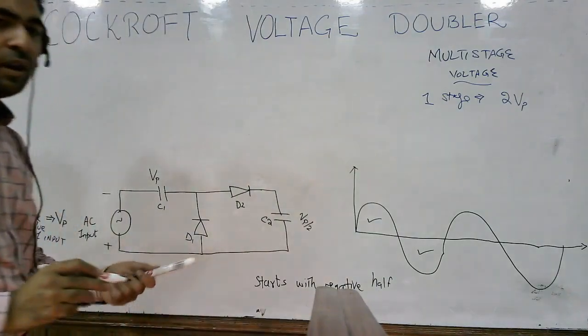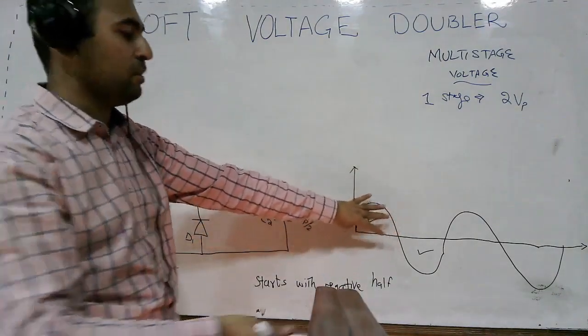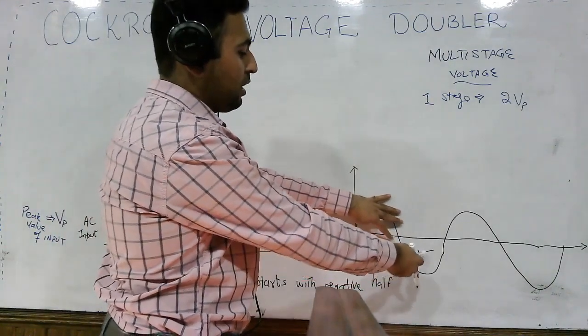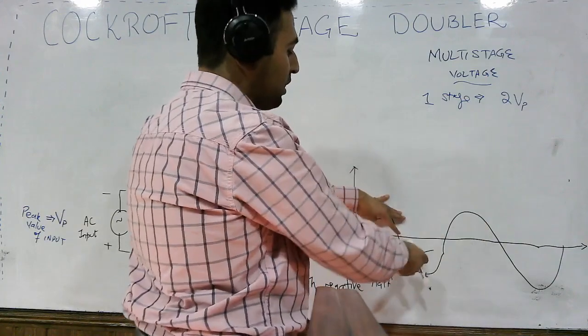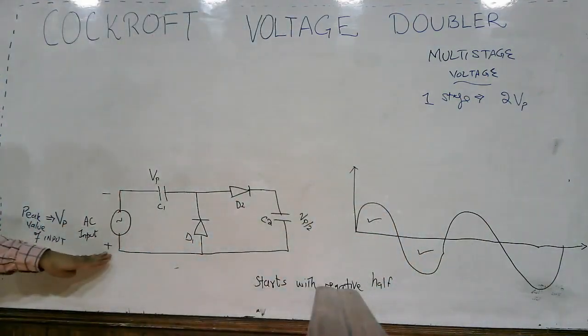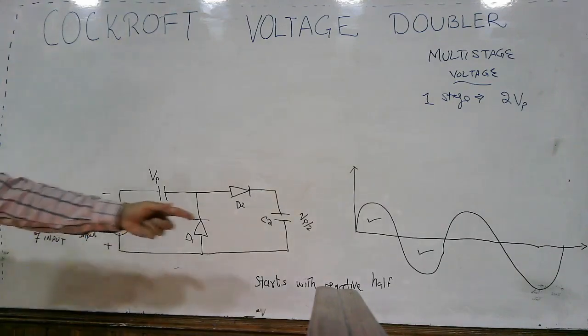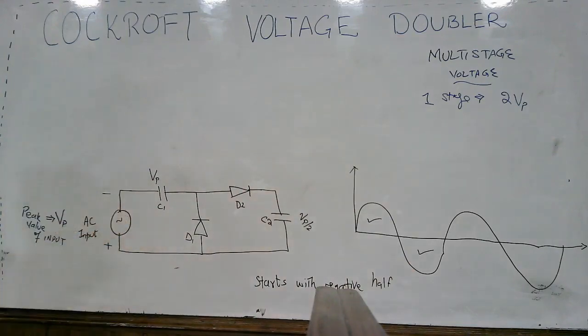In most of the textbooks they will just ignore this and say that your AC voltage starts from the negative half cycle and then you have the positive. In that sense, when the polarity here is positive and here the negative, during the negative half the capacitor C1 will charge to Vp.